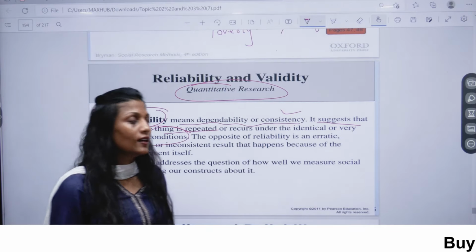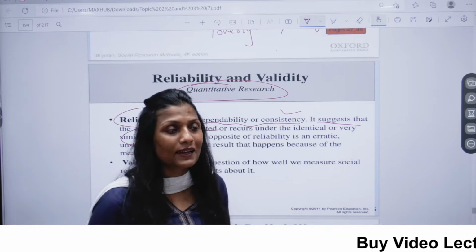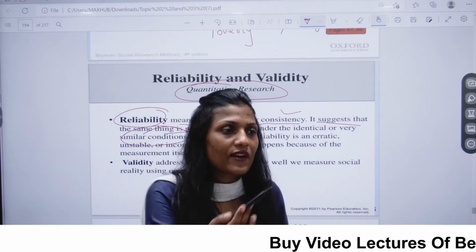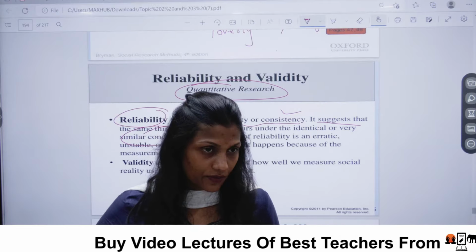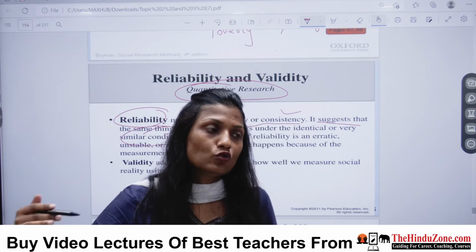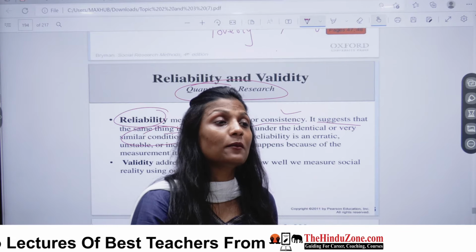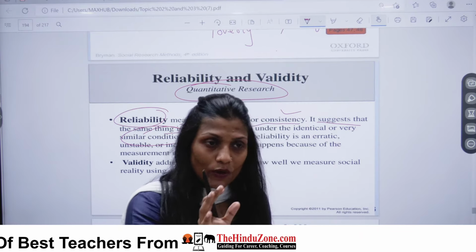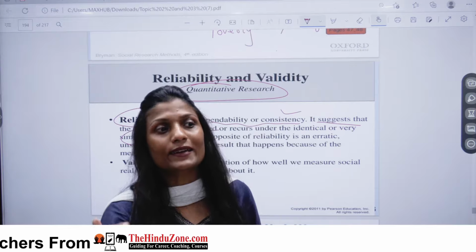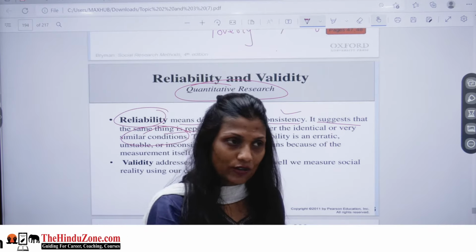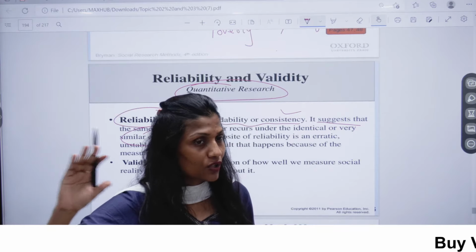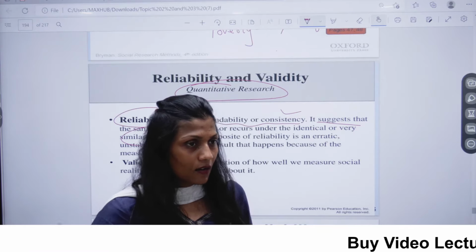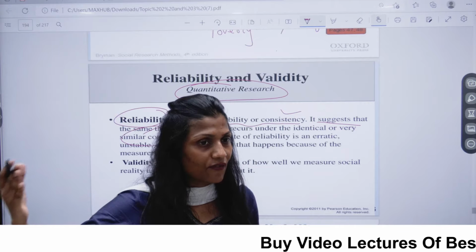So I cannot compare my studies arbitrarily. If I conducted research on casteism among Muslims in India, my research can be similar only to those researches conducted on a minority, first of all, right? So there must be some minority community. Muslims are the largest minority in India, and after that we have Christians.